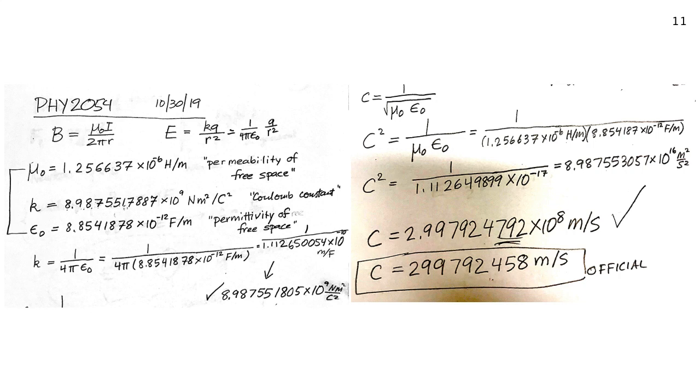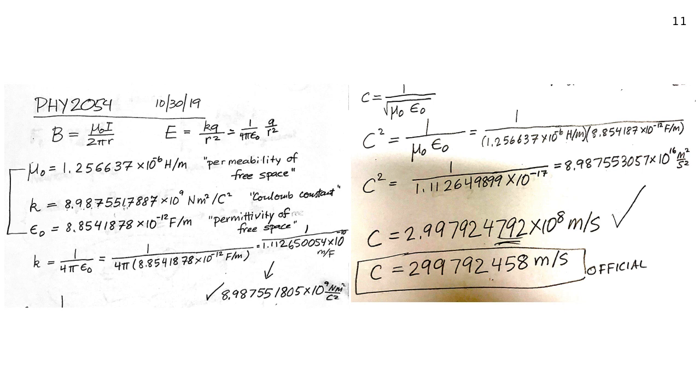Okay, so this one I get 1 over 1.11264 9899 times 10 to the minus 17. Okay, now let me do the 1 over button.